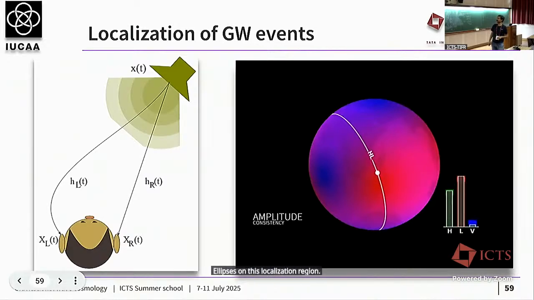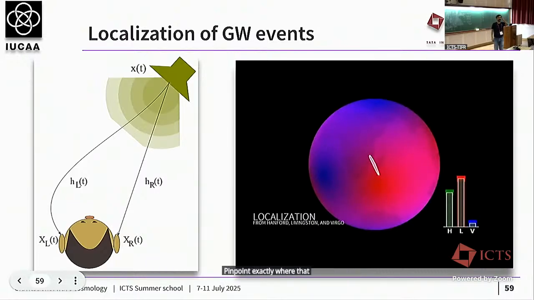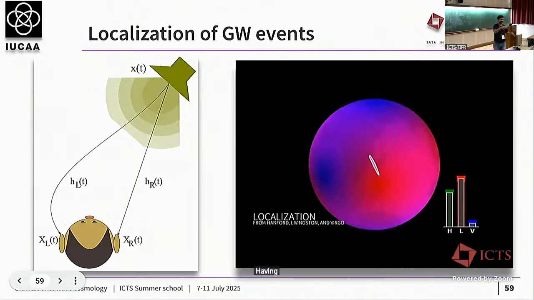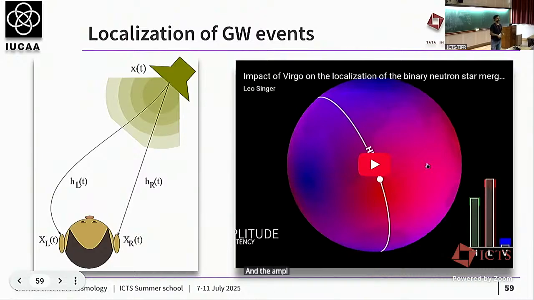Then you combine whatever amplitude was seen in Virgo, and you can start to pinpoint exactly where that gravitational wave event happened. So the localization happens because of having these interferometers at different places, and seeing the time delays from these events, and the amplitudes as well.